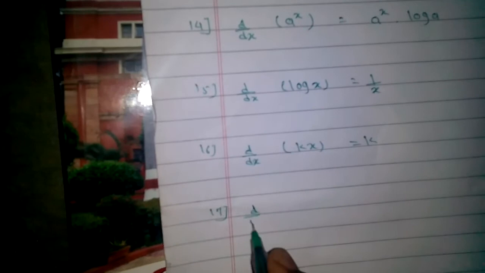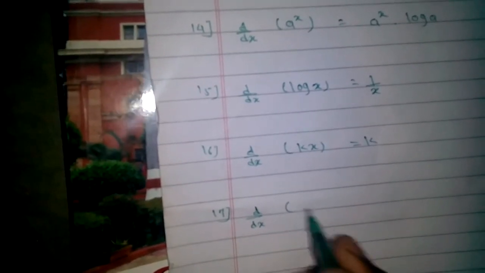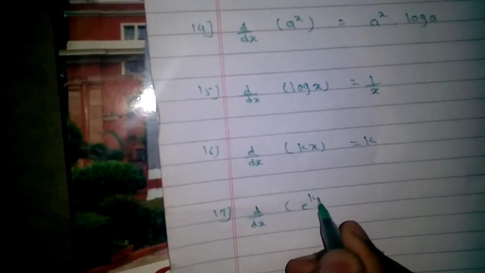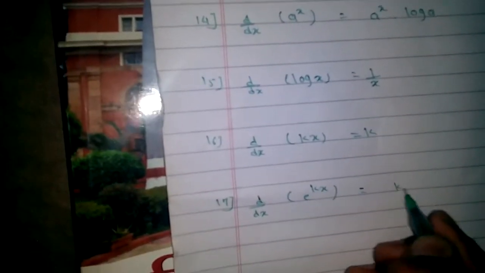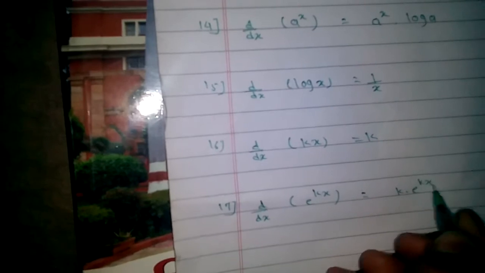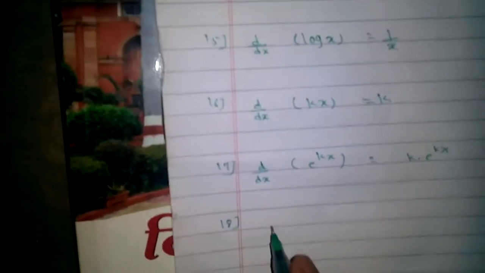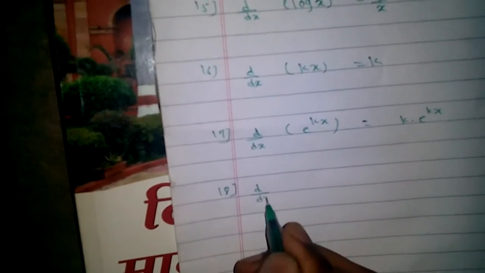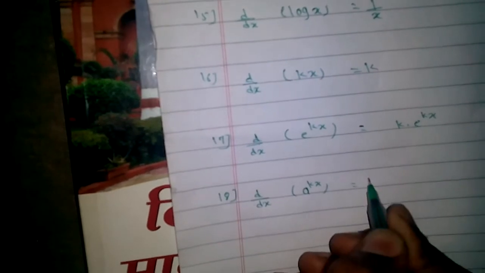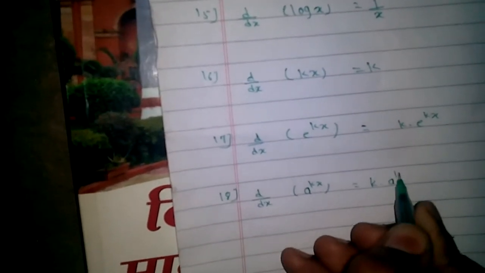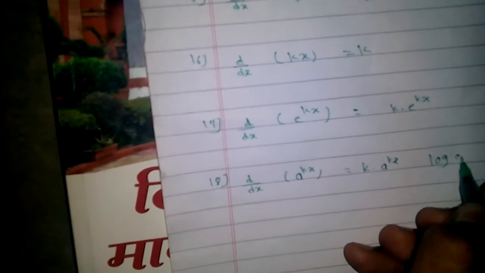Number 18: the derivative of e raised to the power kx is equal to k into e raised to the power kx. Number 19: the derivative of a raised to the power kx is equal to k into a raised to the power kx into log a.